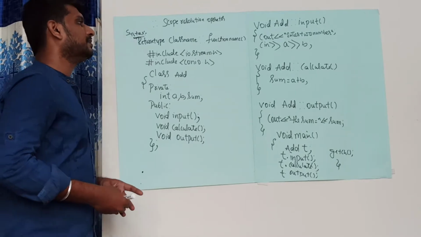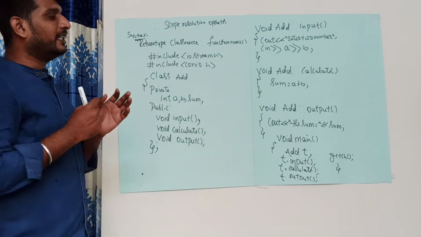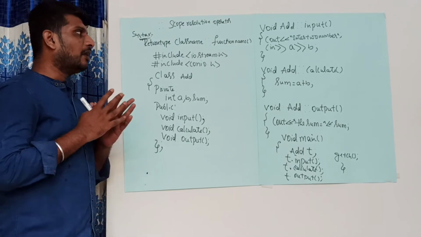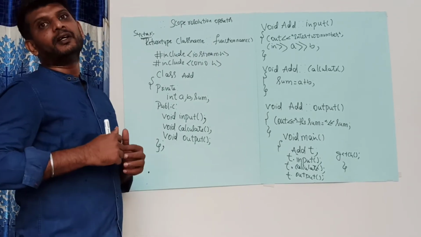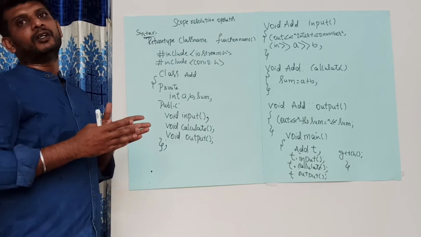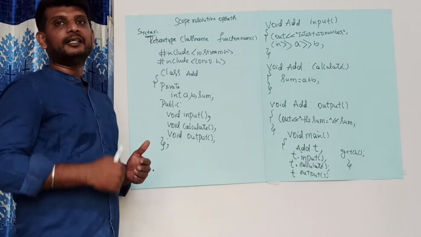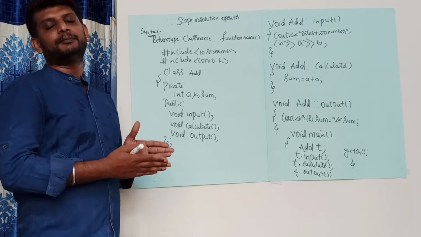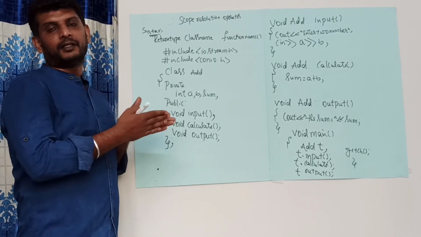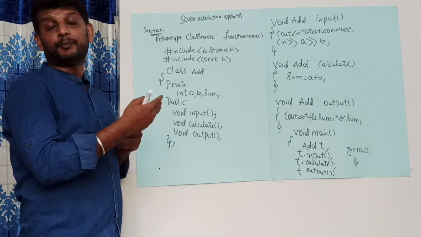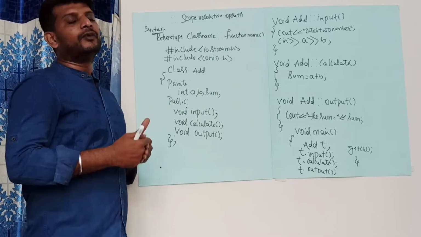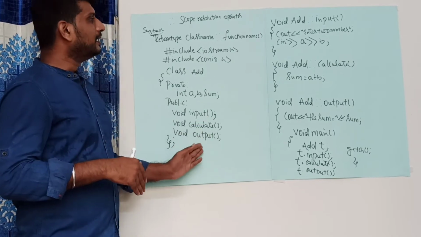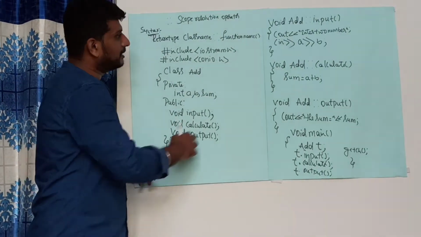So this is how exactly to define the member function outside the class. You have to remember one thing: you can define the member function inside the class as well as outside the class. In the programs we have discussed in the previous two videos, you were defining the member function inside the class. Whereas here I am defining the member function outside the class.